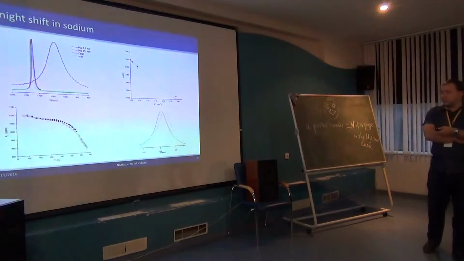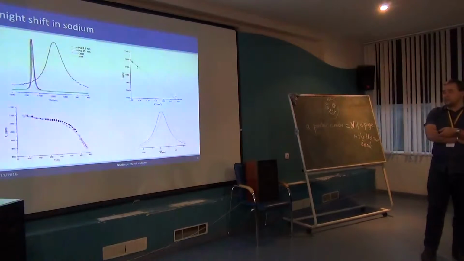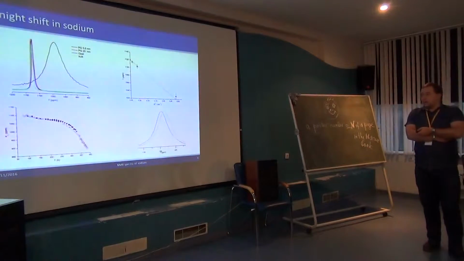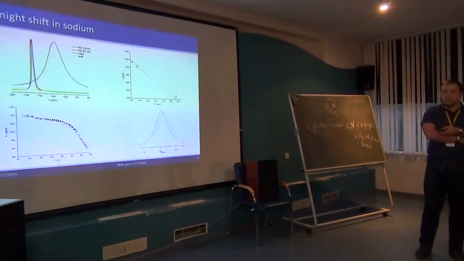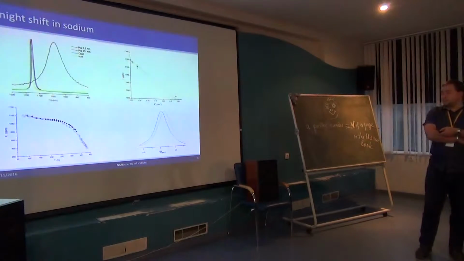Another interesting point is the difference of positions of centers of the lines corresponding to sodium embedded into porous glass, 3.5 nanometers. And there is a slight difference in positions between two spectrometers. A spectrometer with a magnetic field 17 Tesla and 9 Tesla.